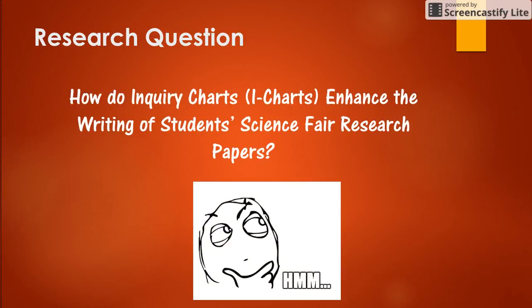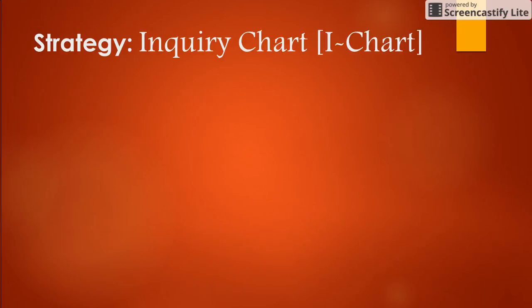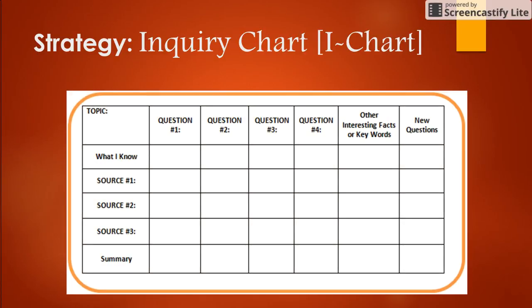Now, the research question that I would like to pose is, how do inquiry charts or eye charts enhance the writing of students' science fair research papers? So this is what the inquiry chart looks like and what every student would receive. The main goal of the inquiry chart is to develop 4 different questions to be answered by researching 3 different sources.